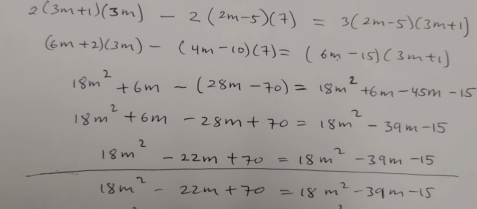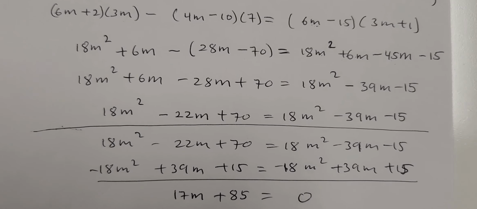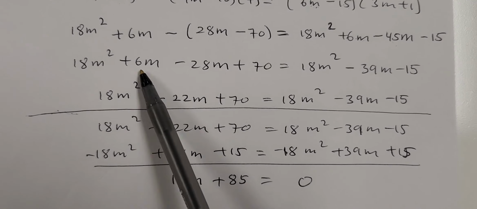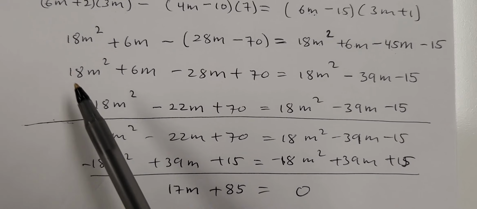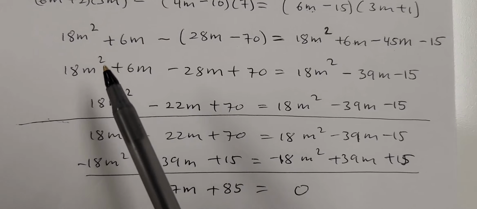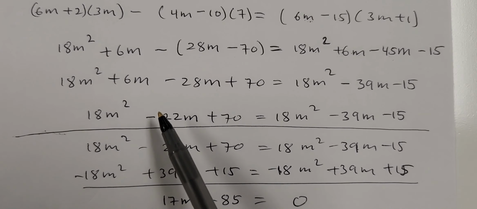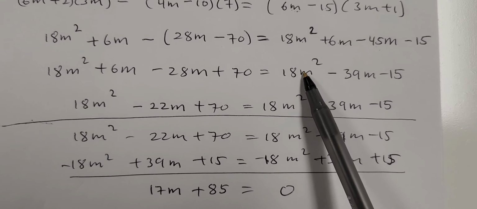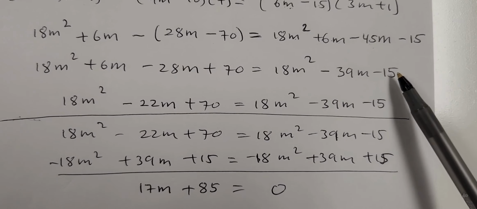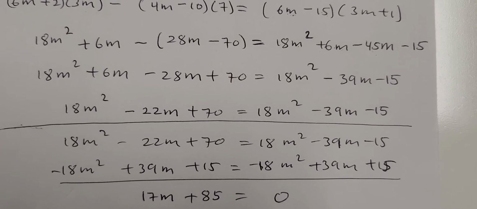Next, combine these two: negative 18m squared, negative 18m squared. 6m subtract 28m gives me negative 22m, and then plus 70. Bring these down because there's nothing else to do.